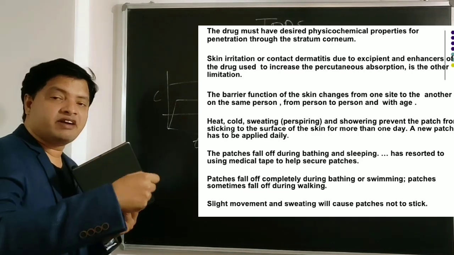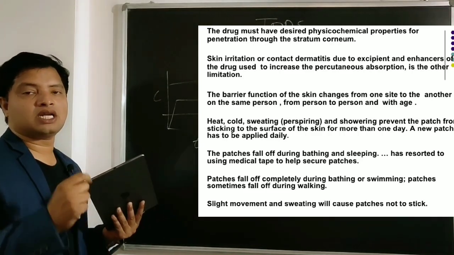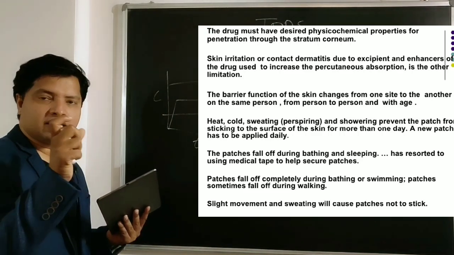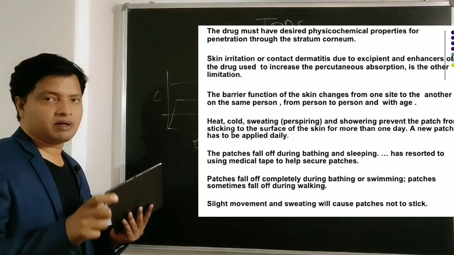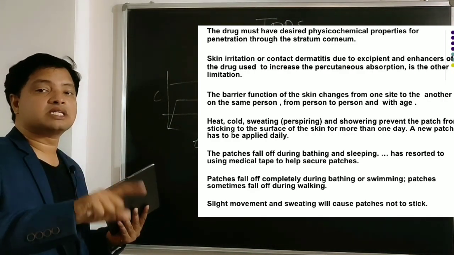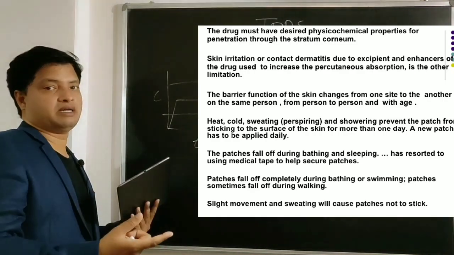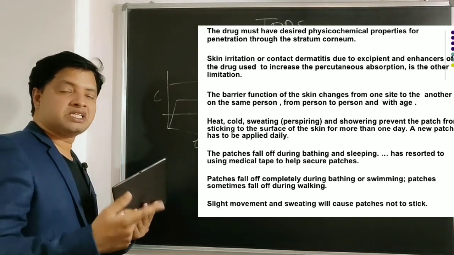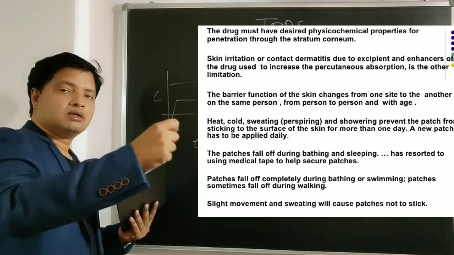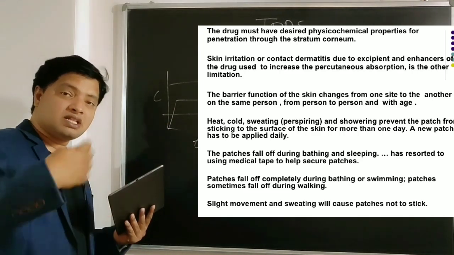It will be different in different ages, as well as different for different persons. So there is one problem. You are designing a patch for all the people at a time, but this patch has a limitation because the skin of each person will be different. There will be variation in skin texture between persons as well as within the person as age progresses.